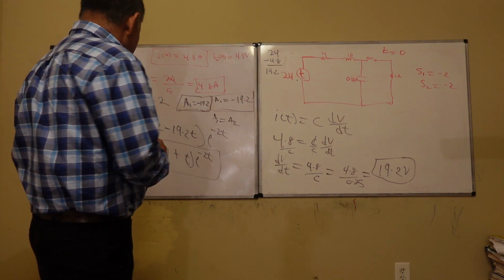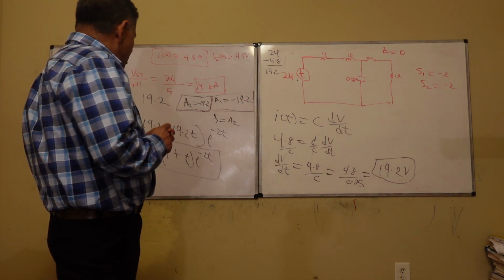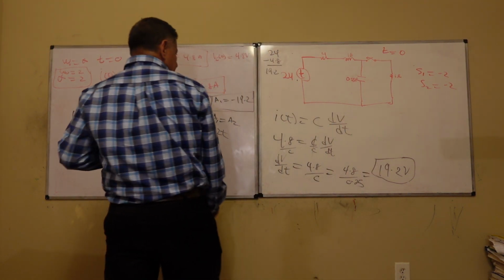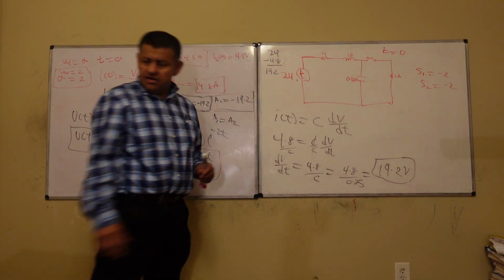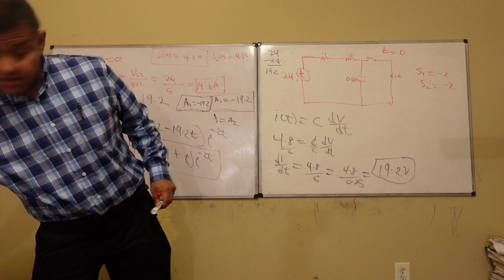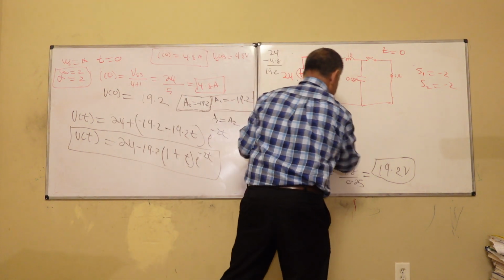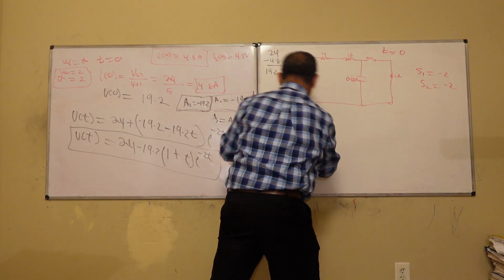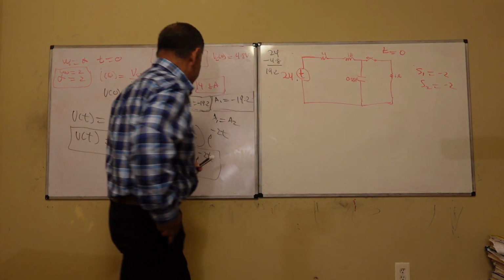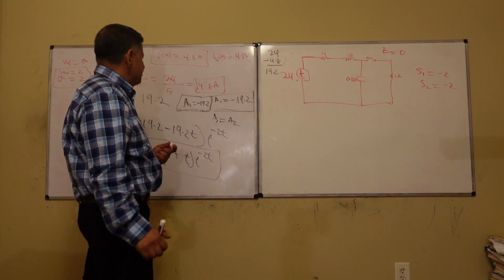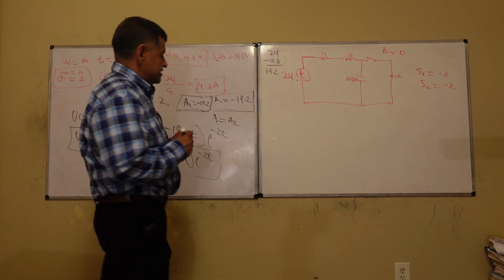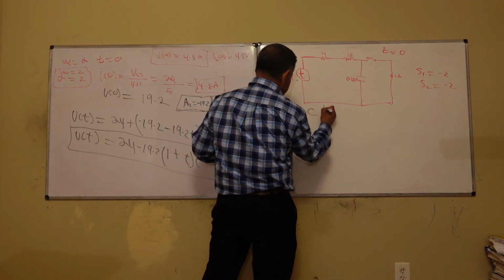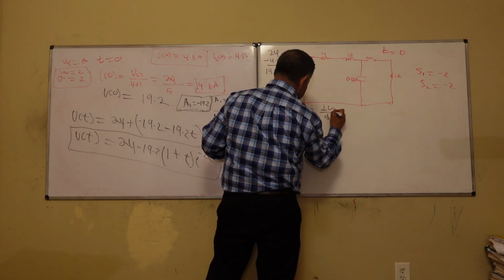Just to prove it, we found that, so we proved that part of it. That was true. Now we're saying that dV over dt is equal to that, because I of t is equal to c dV over dt.